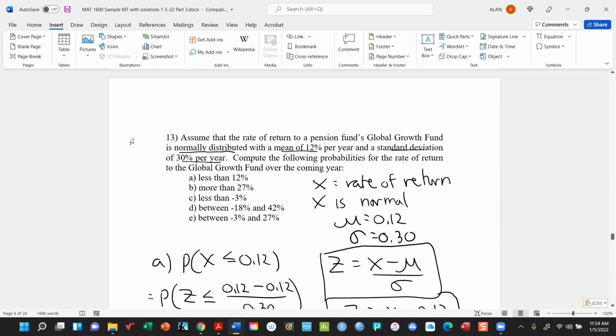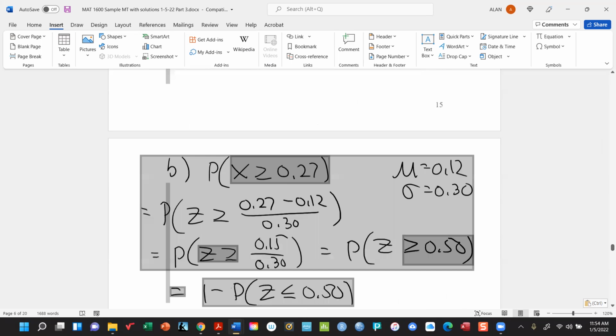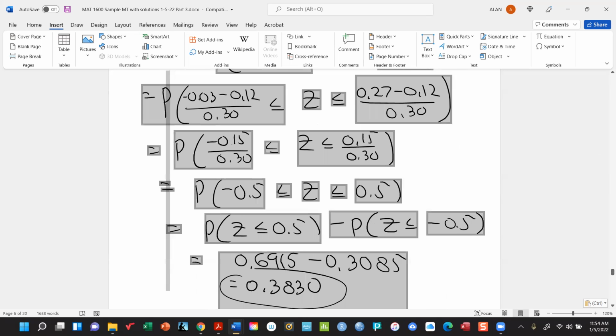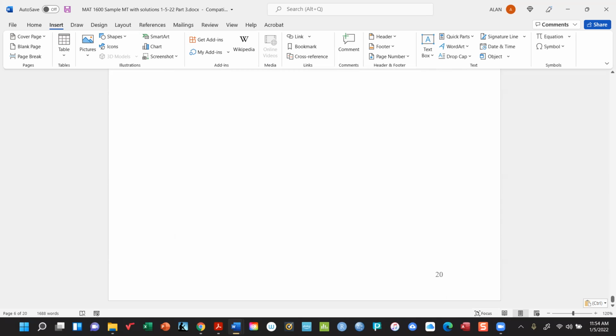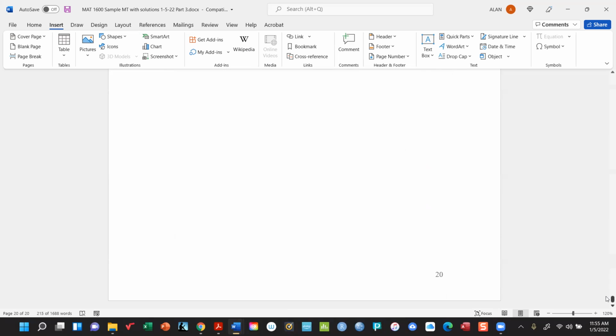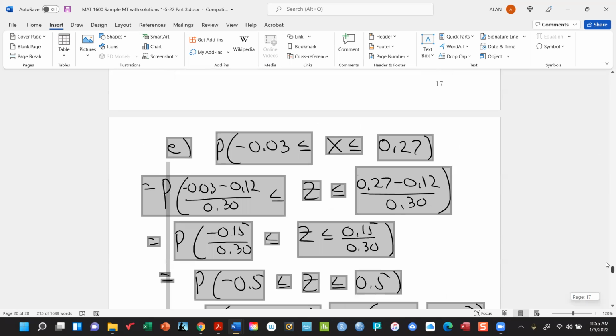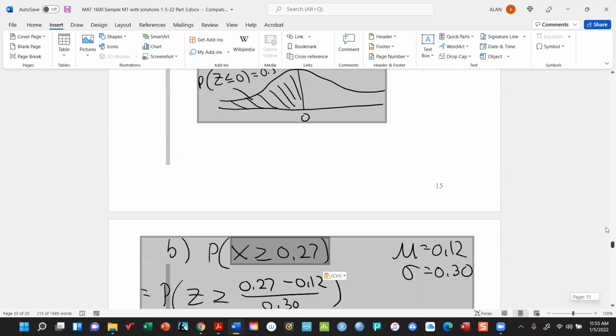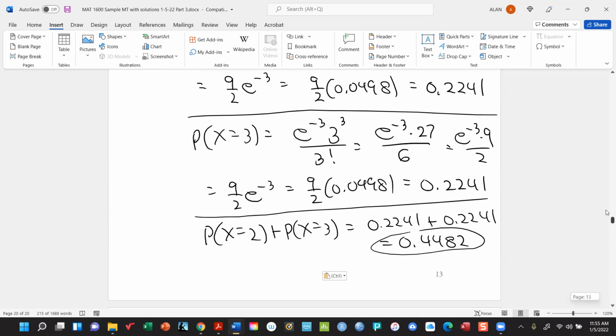All right, let's try this. No. See, the thing is, it won't even let me save parts of it. It's absolutely useless. What a piece of garbage.